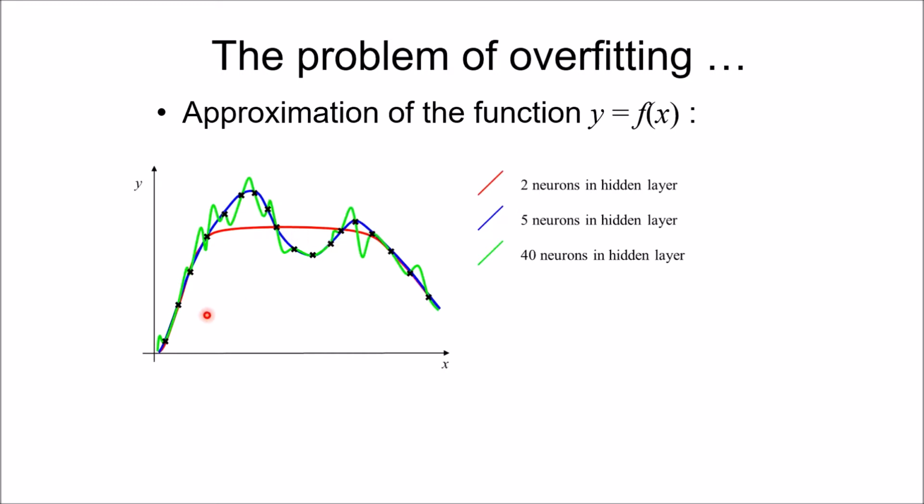And finally, the green line shows the problem that we consider overfitting. Overfitting means that this line is able to fulfill 100% of the training data set. However, it will fail to predict new data that lies in between these two points.